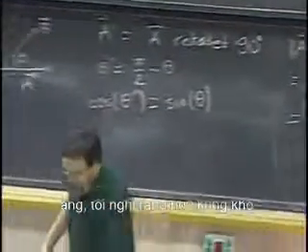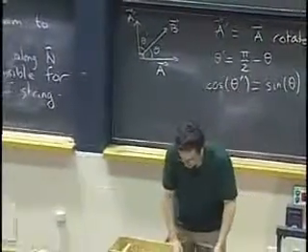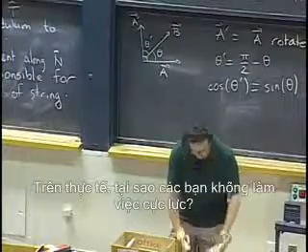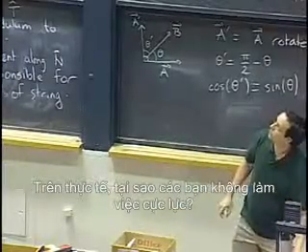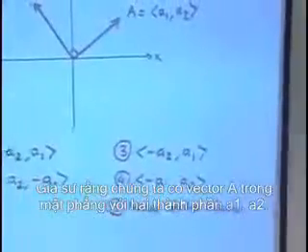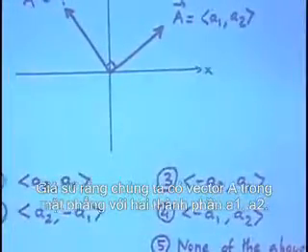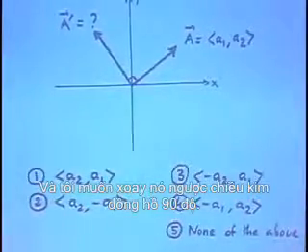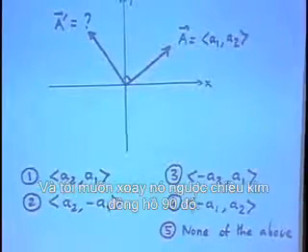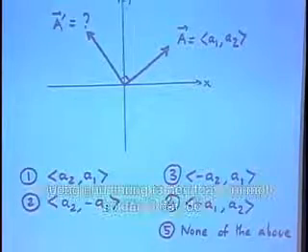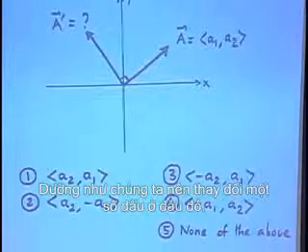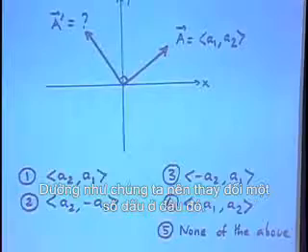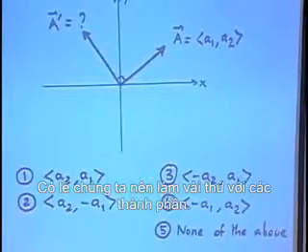Well, I claim it's not very hard. Let's see. Actually, why don't you guys do the hard work? So let's say that I have a plane vector A with two components, A1, A2, and I want to rotate it counterclockwise by 90 degrees. So it looks like maybe we should change some signs somewhere. Maybe we should do something with the components.